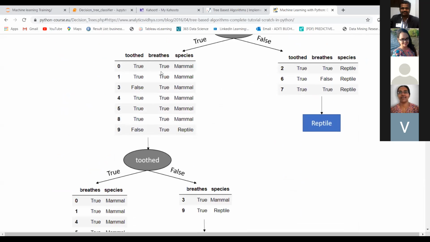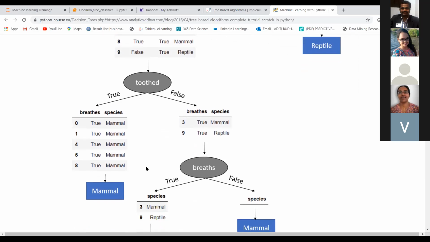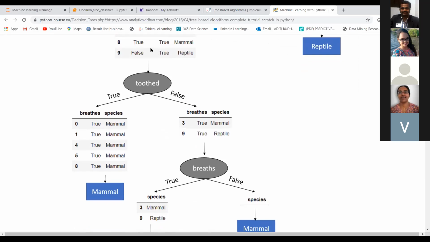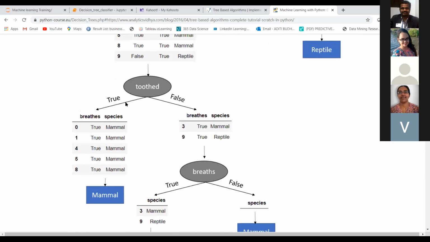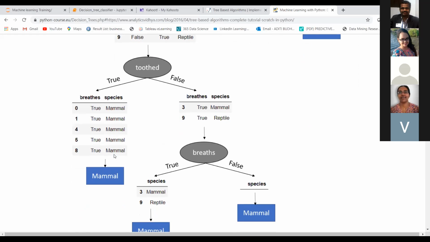So here you see again this data we are splitting based on the tooth feature. We are dividing this data set again based on the tooth feature. Again we have got 2 splits. Now here you see that we are getting a very uniform set.